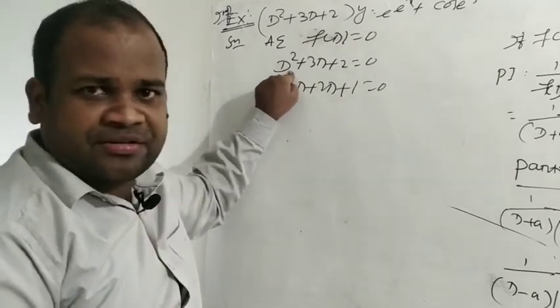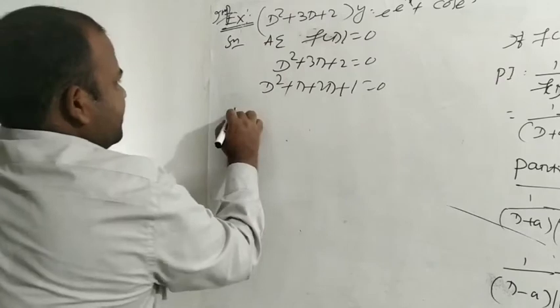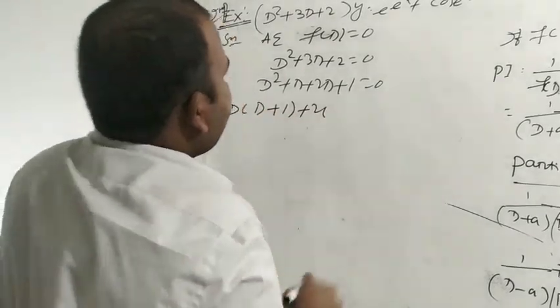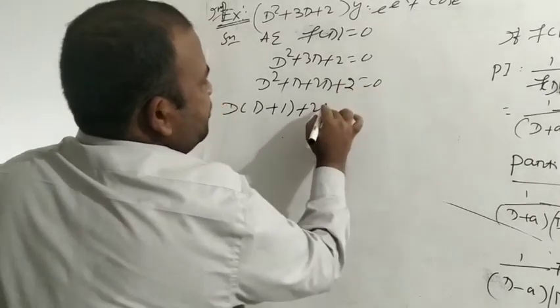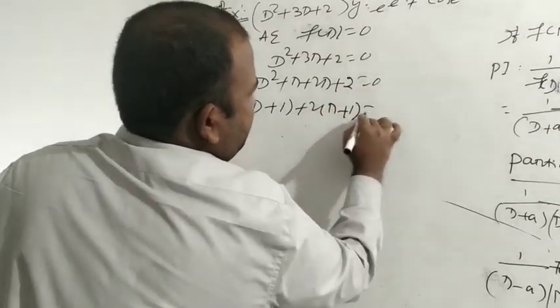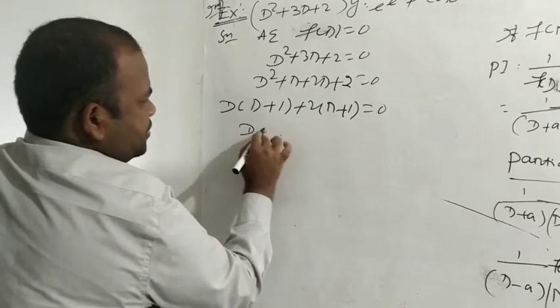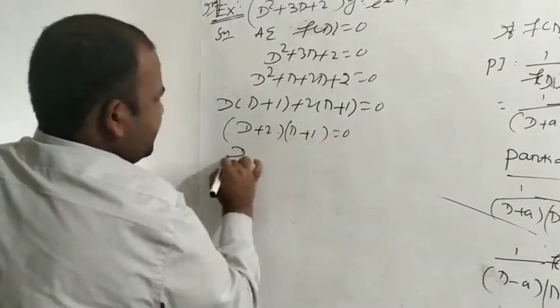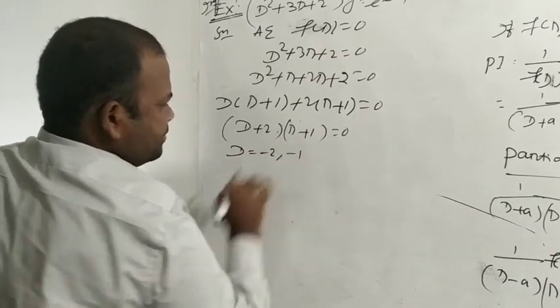This is the concept of factorization that you know. So D(D + 2) + 1(D + 2) = 0, so (D + 2)(D + 1) = 0, and D = −2 and −1.